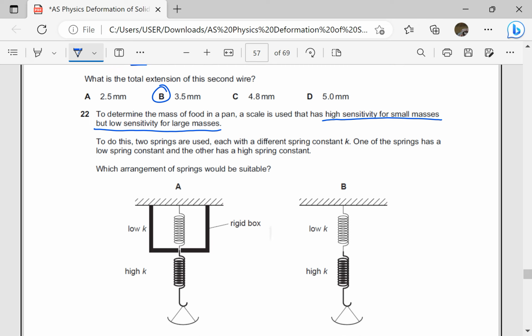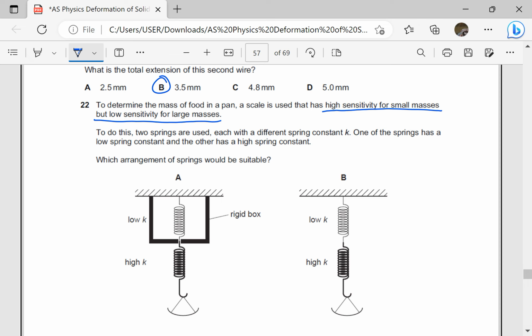To do this, two springs are used, each with a different spring constant. One of the springs has a lower spring constant and the other has a high spring constant. Which arrangement of springs would be suitable?